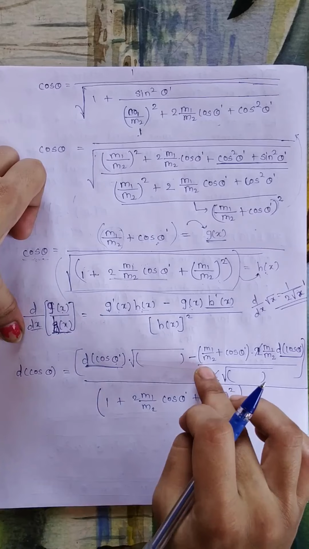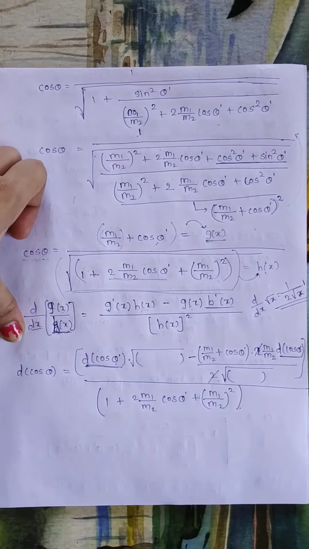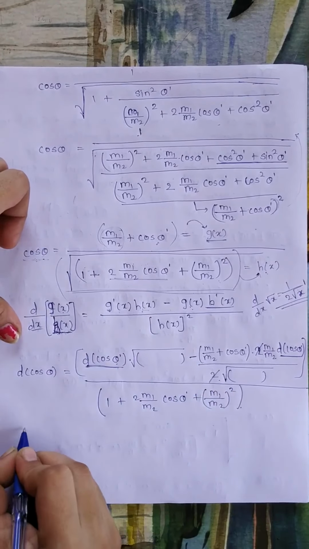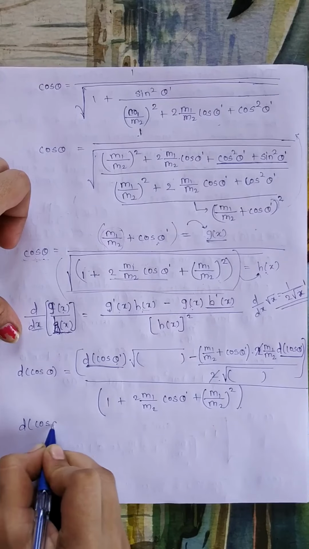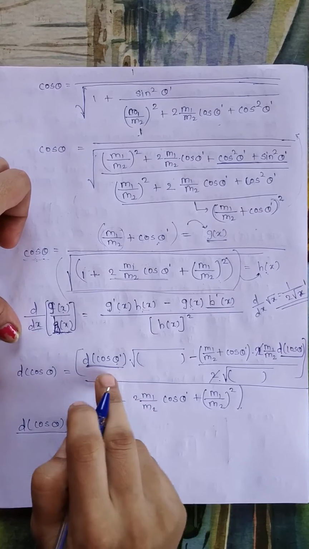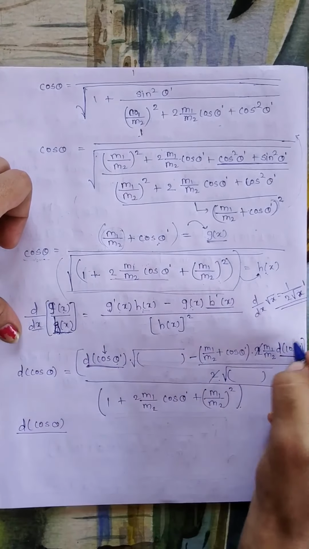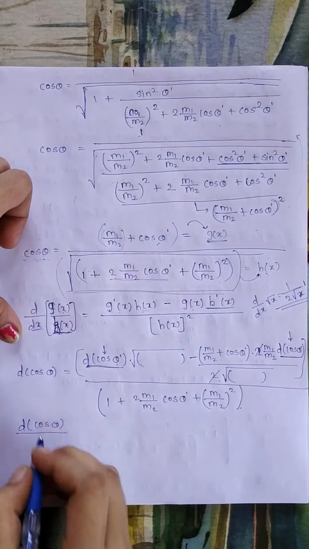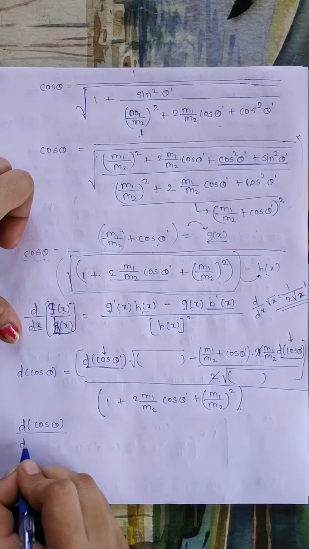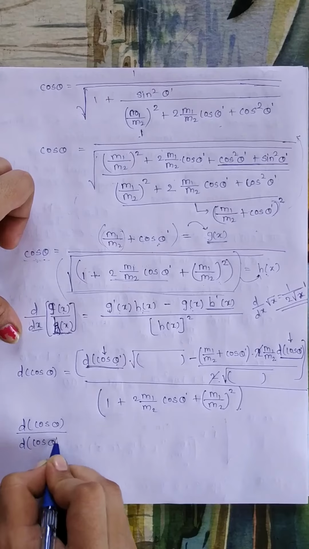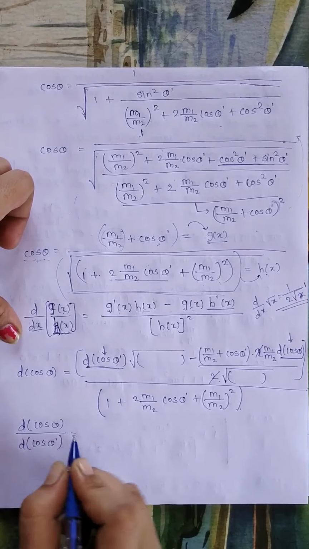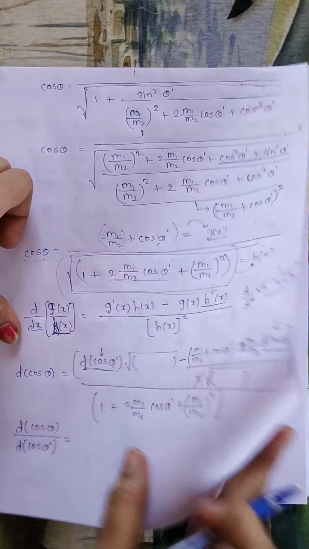So on the RHS it is multiplied, when it comes to the LHS it will get divided. So let me write it first. I have taken this and this as common and I am taking it to the other side, so it will come over here at the denominator. So we got this ratio.